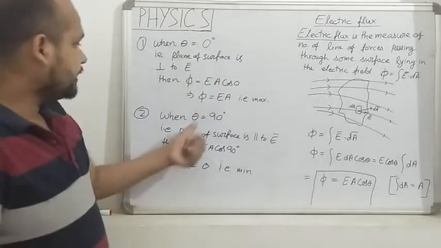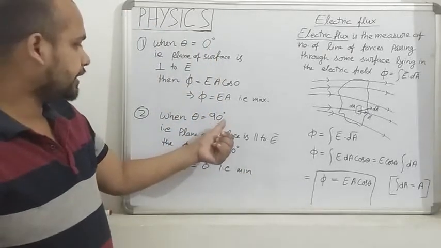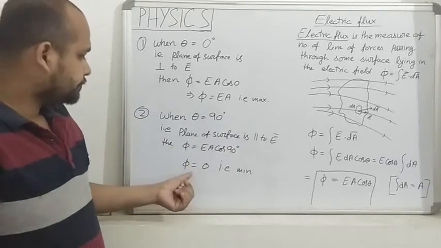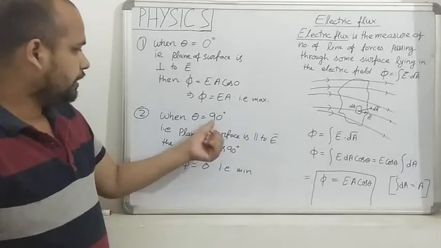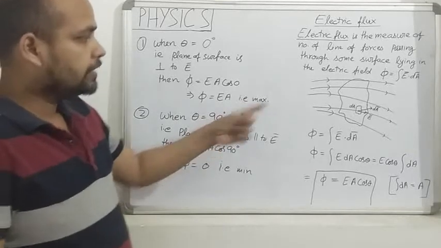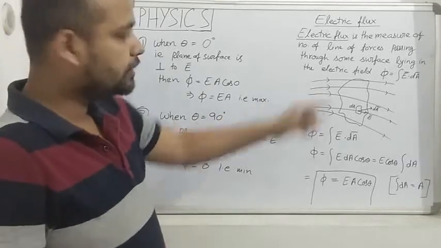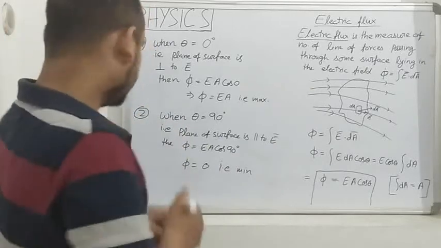Okay, so when theta is equal to 90 degree, in that case the electric flux will be equal to 0. Here theta is the angle between electric field and the area vector, remember this.